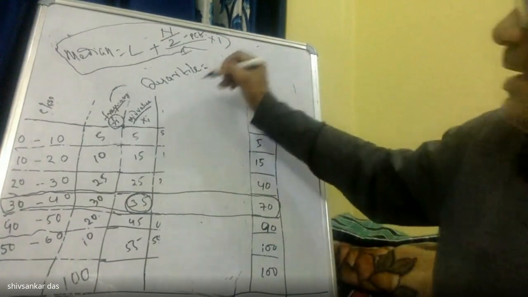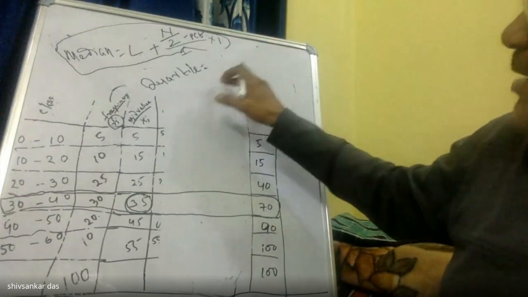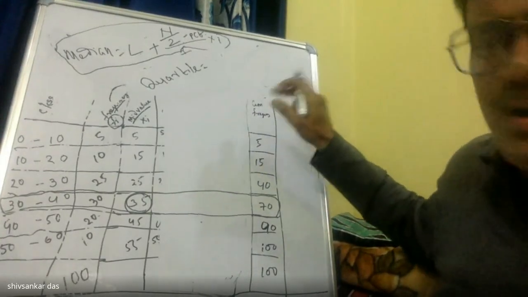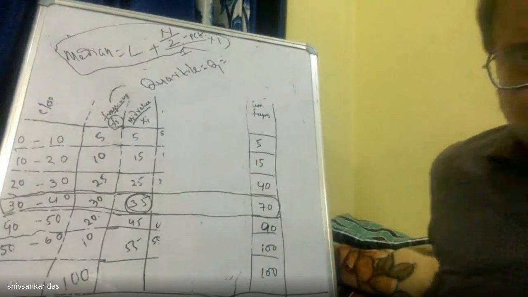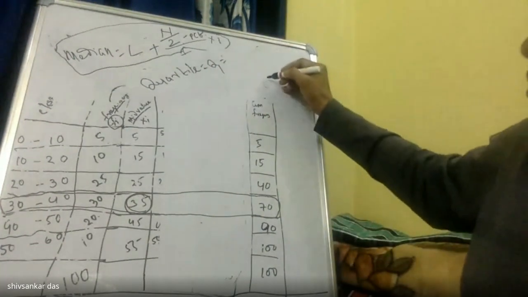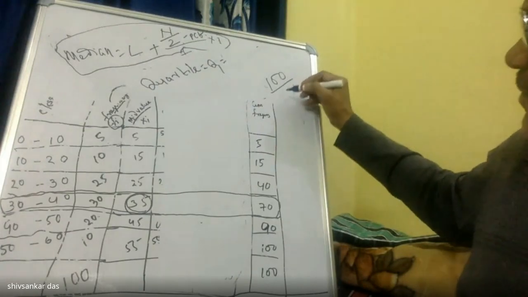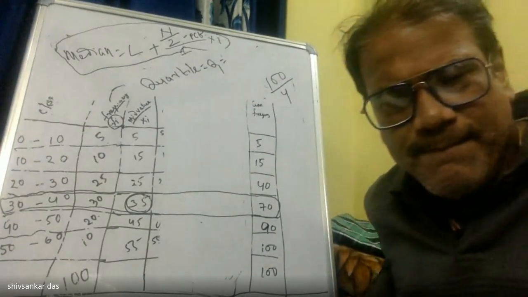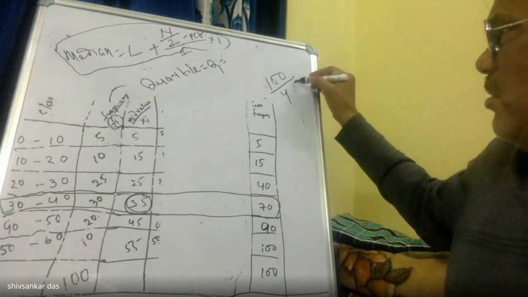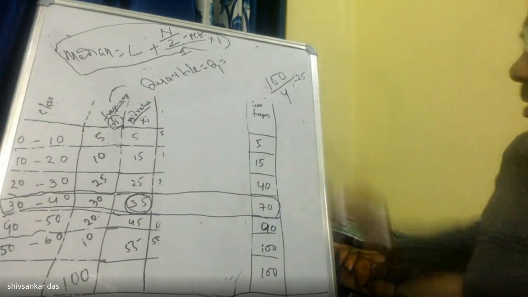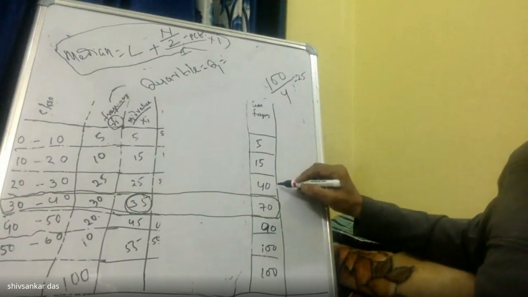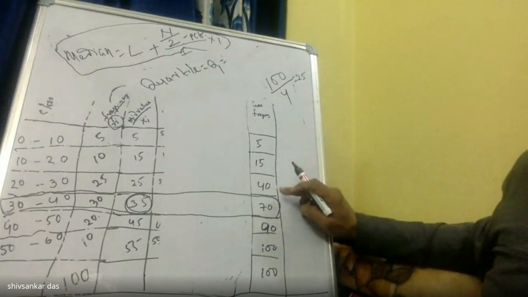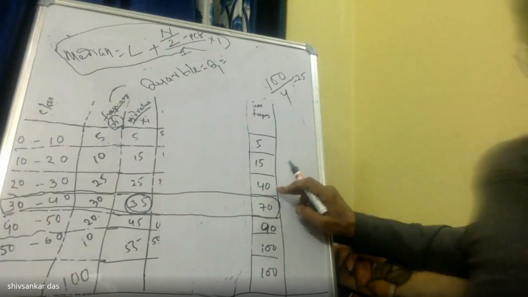Suppose let us say first quartile. Quartile 1, quartile 2, quartile 3, quartile 4. So let us say quartile 1. 100 divided by 4 is equal to 25. Where is 25 in the cumulative frequency? In the 20 to 30 class interval.